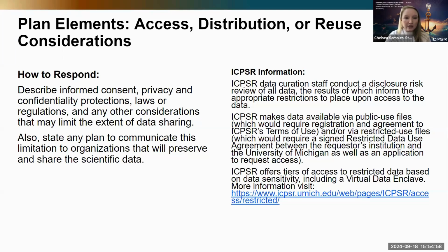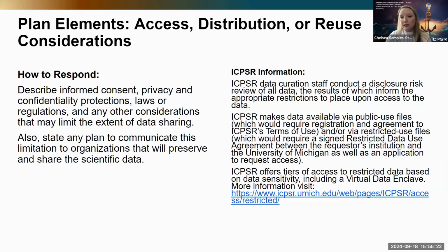To address these issues, ICPSR's curation staff conduct a disclosure risk review of all data that we receive, the results of which will inform the appropriate restrictions to place upon access to the data. ICPSR provides data available via public use files, which still require registration with ICPSR and agreement to our terms of use.